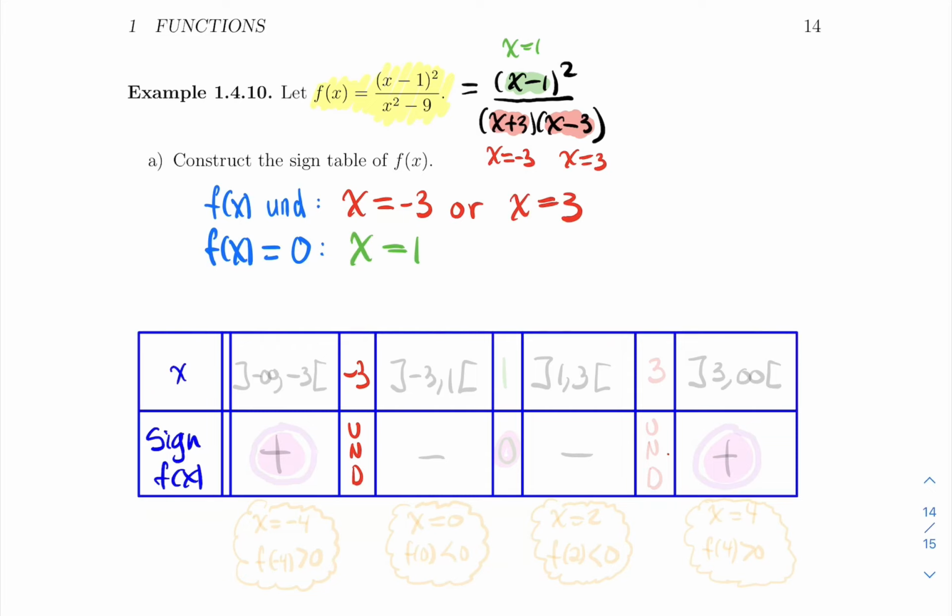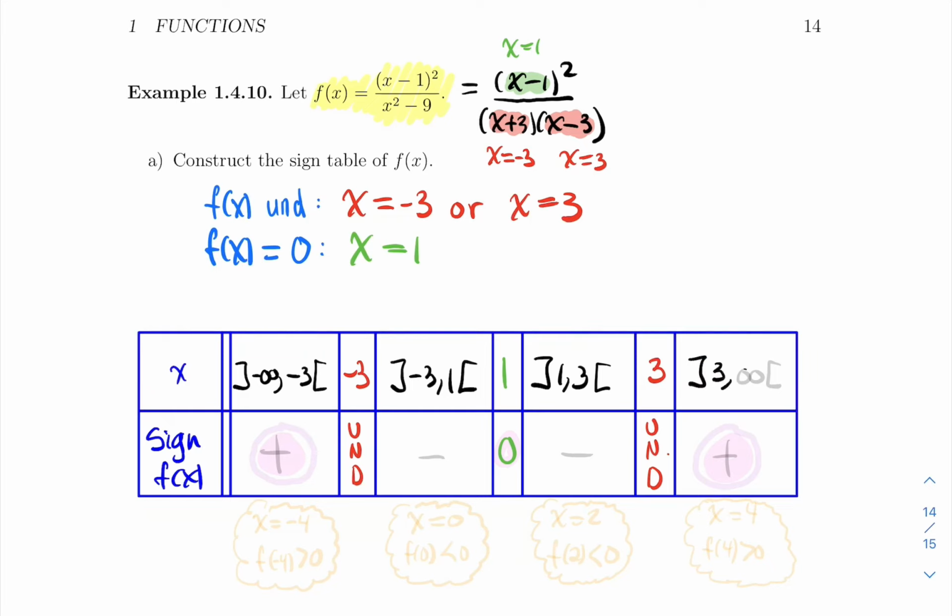Then we have 1, because we have a root. And finally we have 3, because the function is undefined. Now we need to check before minus 3, that's between minus infinity and minus 3; in between minus 3 and 1, that's the interval minus 3 to 1; and then in between 1 and 3, that's the interval 1 to 3.